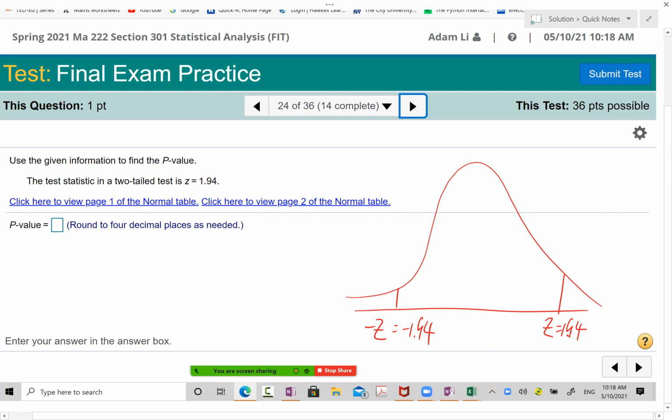The easy thing to do is use the one on the left tail, find the area on the left, and the area on the right is the same, because it's symmetrical with respect to the center. So let's find this one first, corresponding to the z-score of negative 1.94.